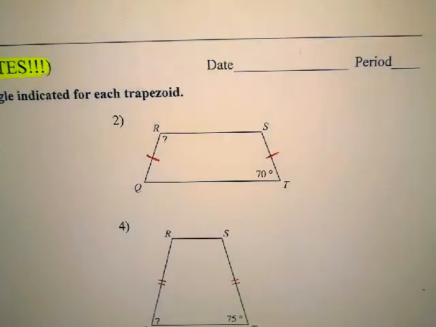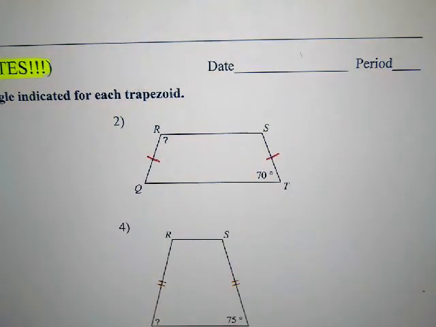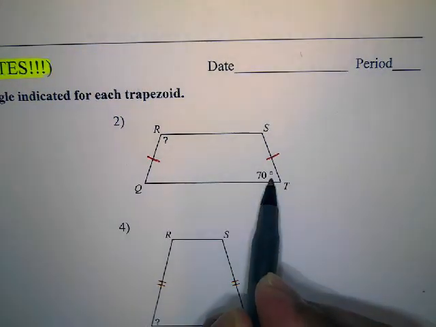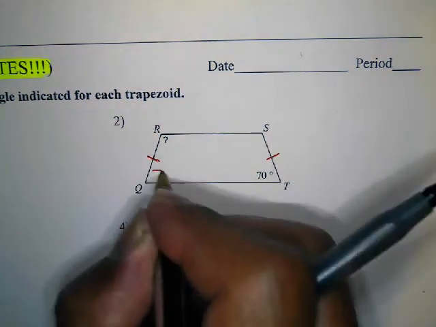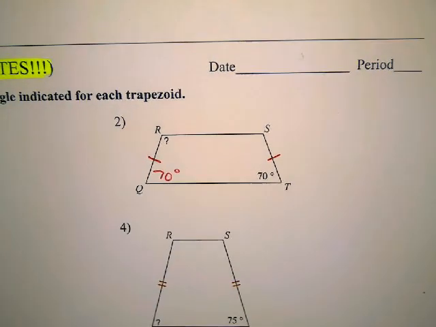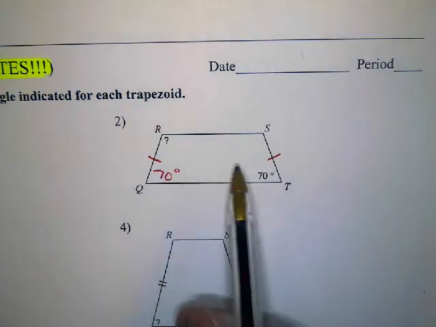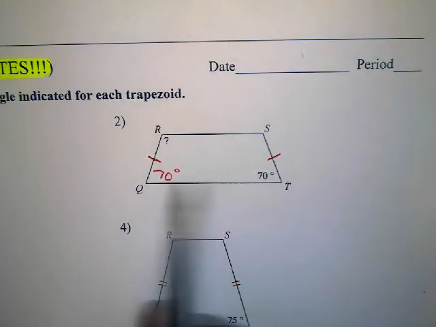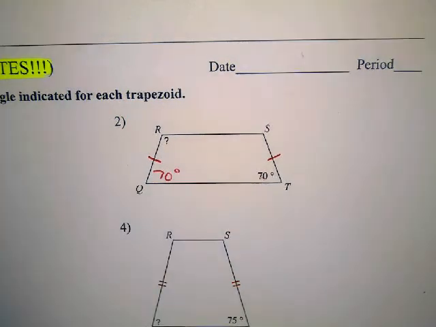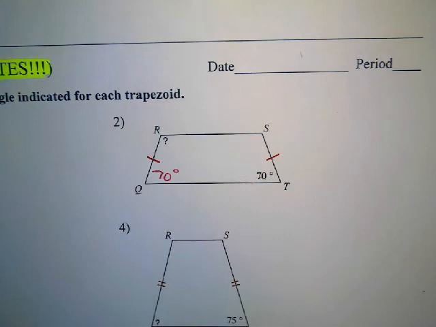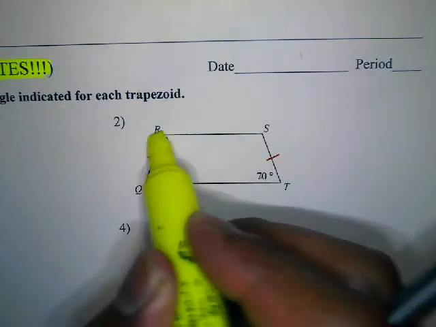Number 2. Again, here's how you know that it's an isosceles trapezoid. I got a base angle here of 70, so where's the other base angle? Right here. This one's also 70. Okay, good. Does that mean that opposite angles are the same? No, only the base angles. Only the base angles are congruent for an isosceles trapezoid.